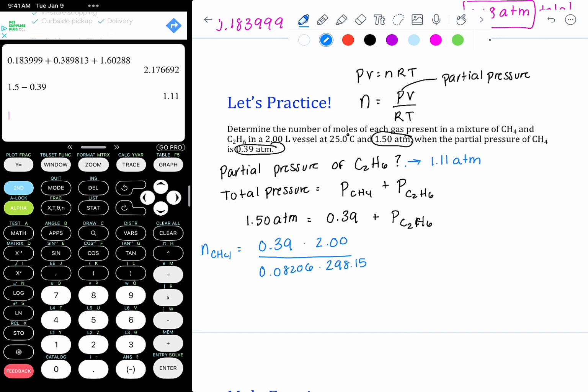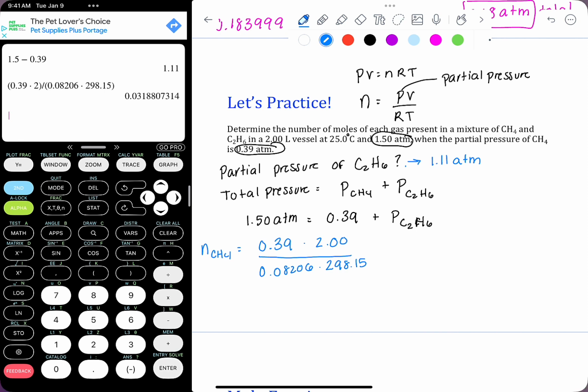So we get 0.39 times 2 divided by 0.08206 times 298.15. So the number of moles of CH4 is equal to 0.0318, with 3.919 with sig figs. There we go.